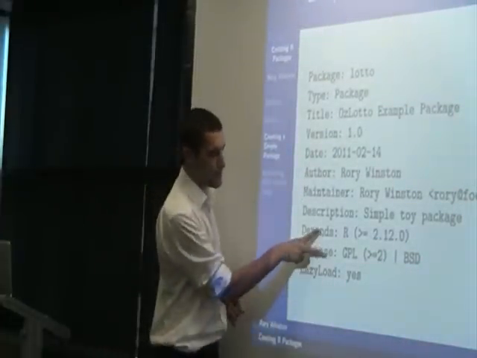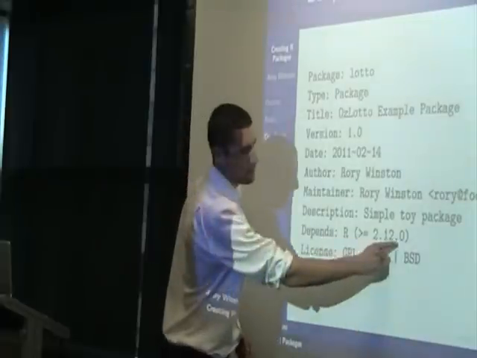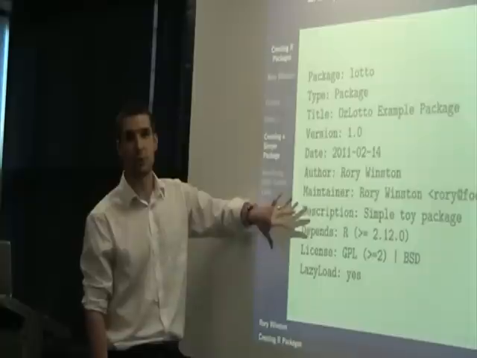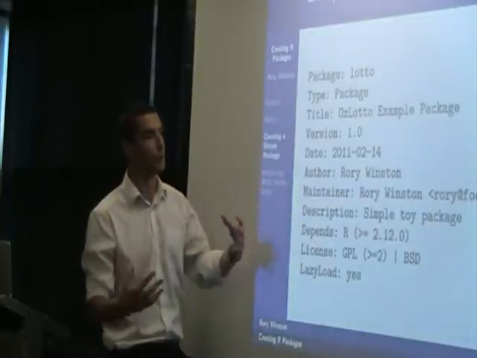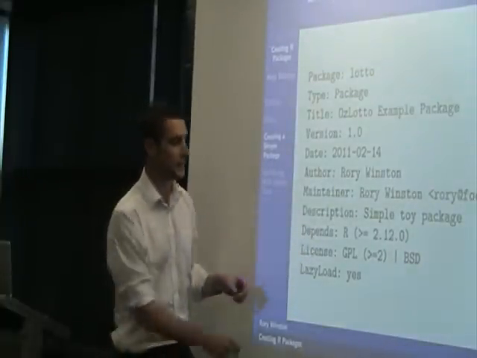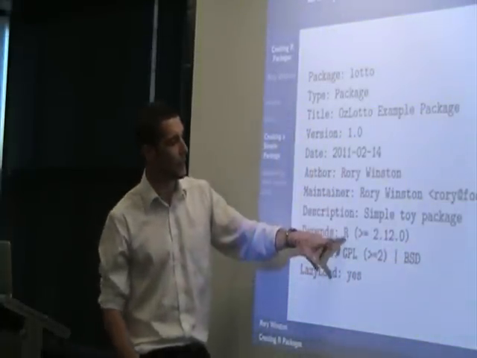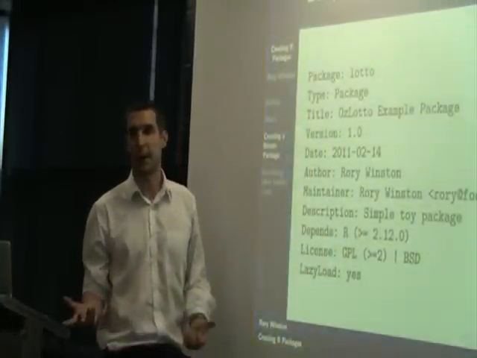And this is the kind of interesting stuff. So when you say depends, it means in order for this package to run, in order for this package to load correctly, I need everything that's on this line. One of the basic things you can say is what version of R this package depends on.